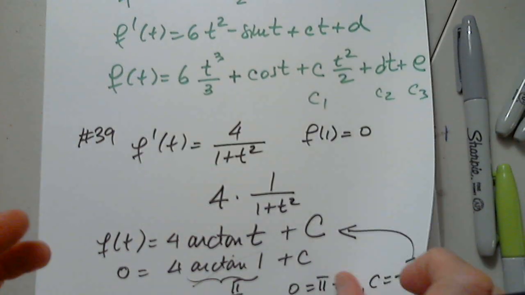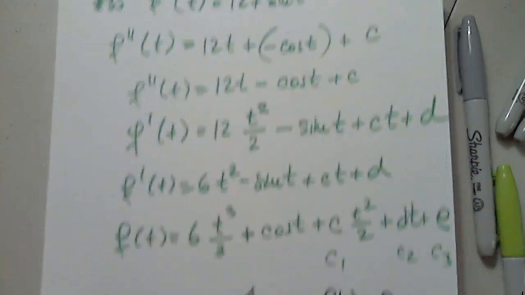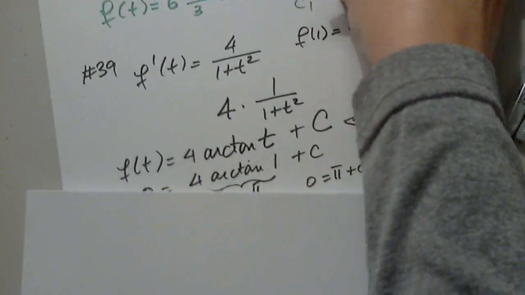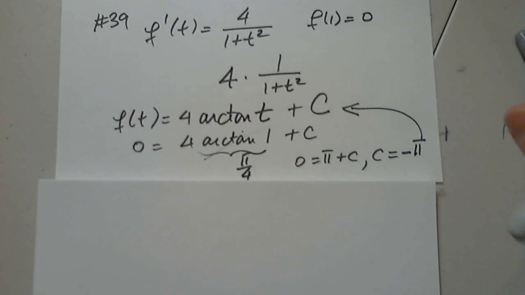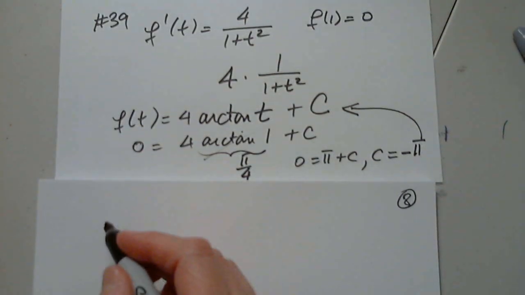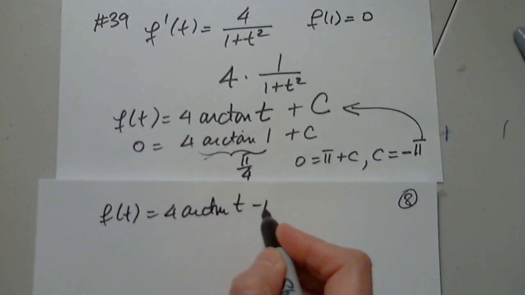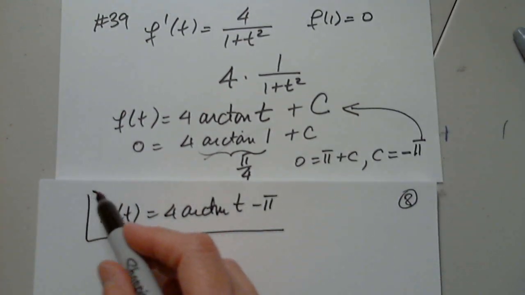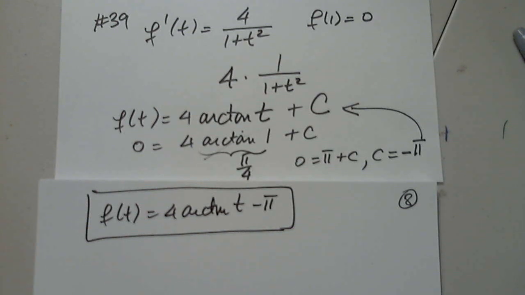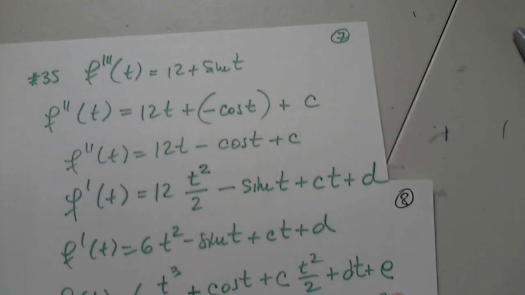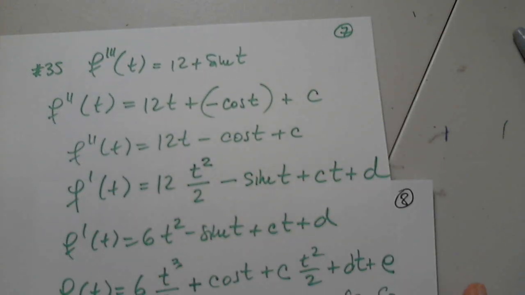So then the final answer will be here. f of t equals 4 arctangent t minus pi. Unique. There is no something called parameter. They are constants, but also called parameters.